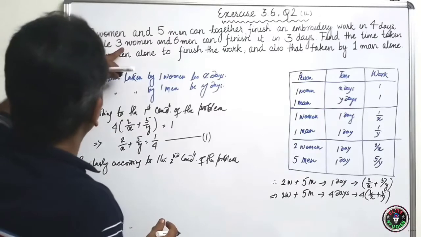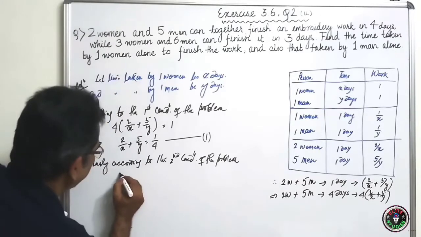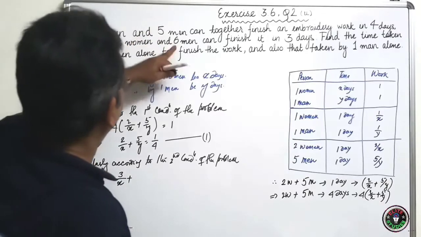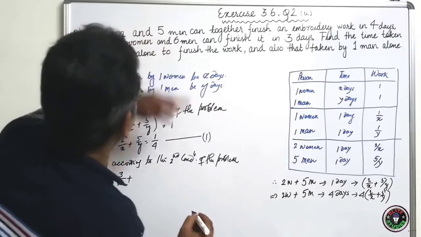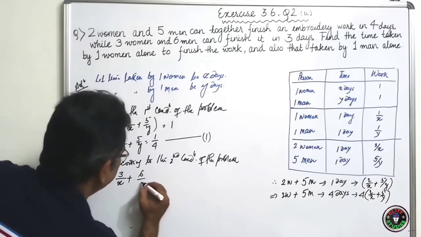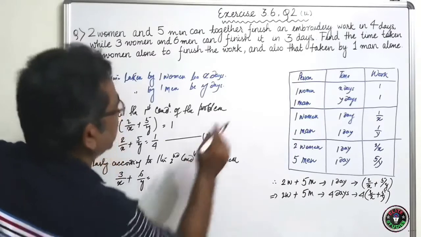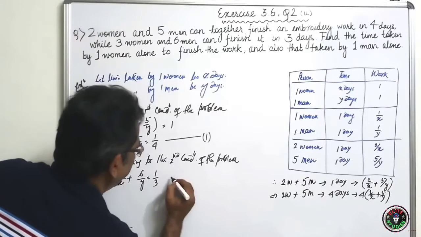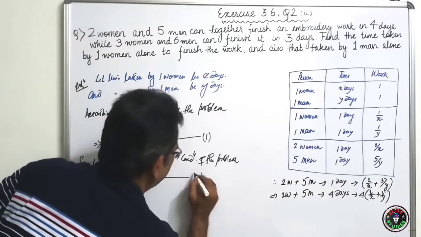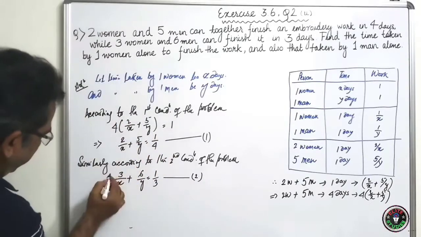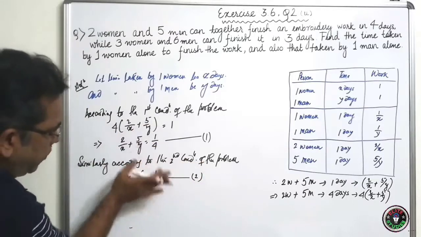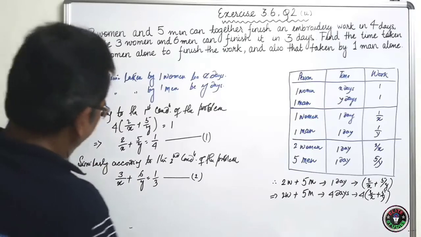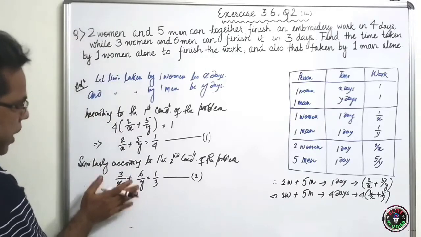In place of 2 women, now there are 3 women, so it will be 3 by X, and 5 men become 6 men, so 6 by Y. Earlier it was 4 days, now it is 3 days, so it will be 1 by 3. No need to explain here. Similarly, according to the second condition we got equation 2. Now we have got 2 equations, 1 and 2. So our second part is over.